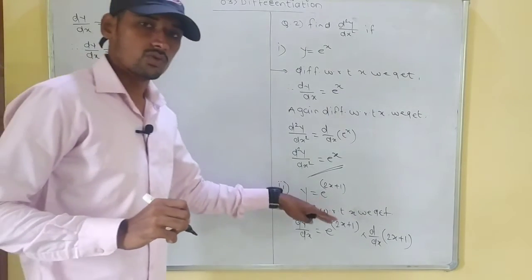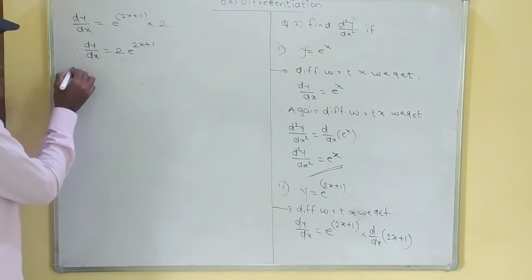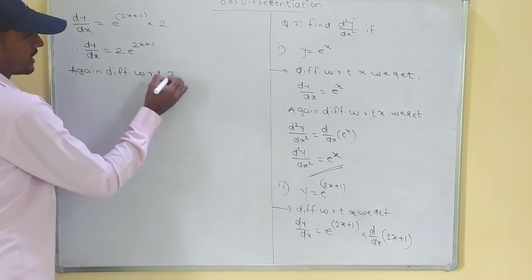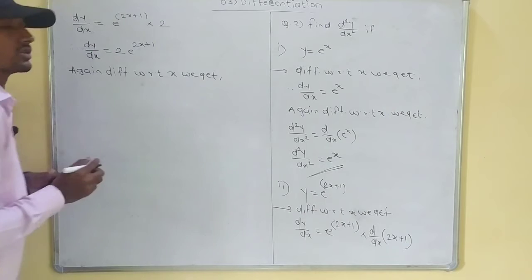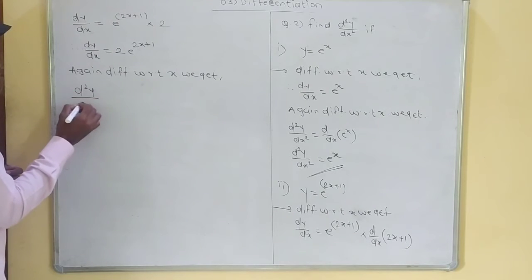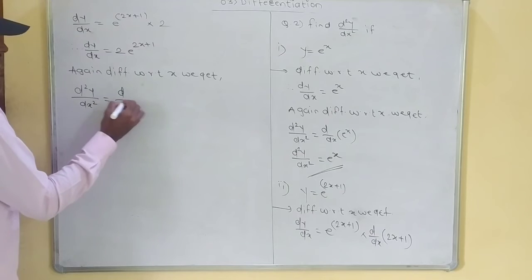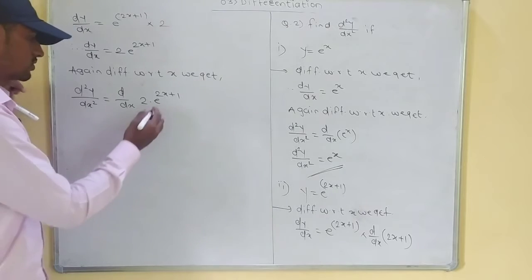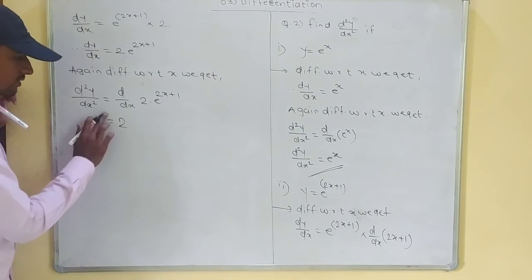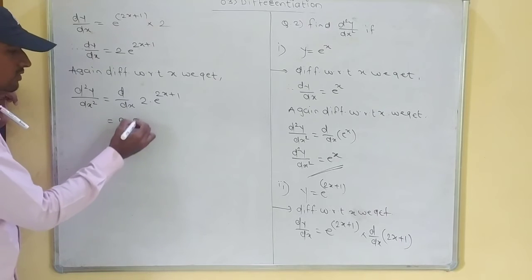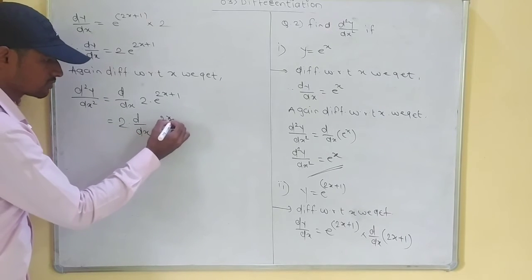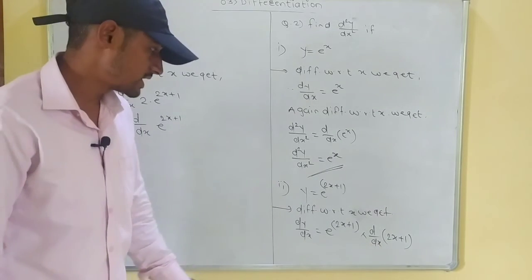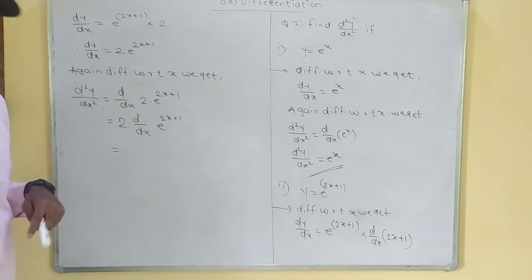Again differentiate with respect to x. We get the second order derivative, d2y by dx square, equal to the derivative of 2 into e to the power 2x plus 1. But here 2 is the constant part, so take it outside the derivative. So 2 as it is into the derivative of once again e to the power 2x plus 1, and we already calculated the derivative of e to the power 2x plus 1, that is 2 into e to the power 2x plus 1.